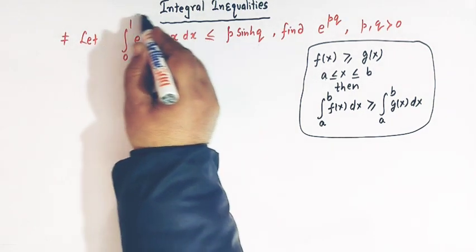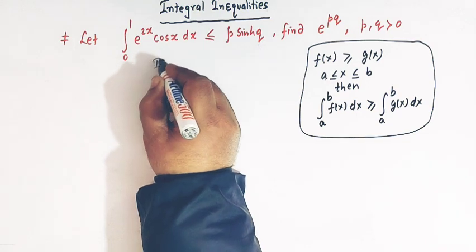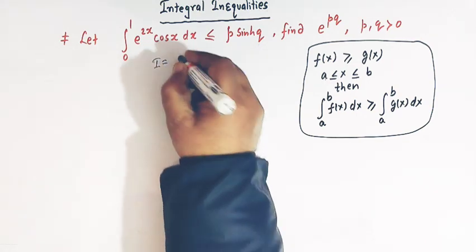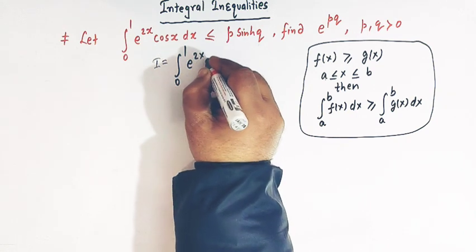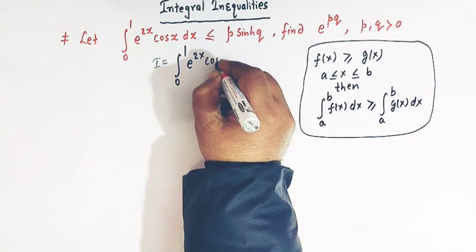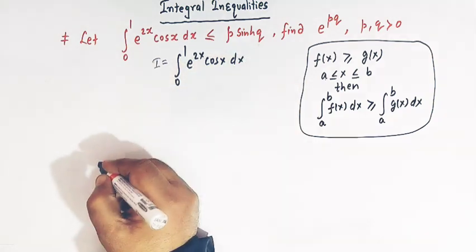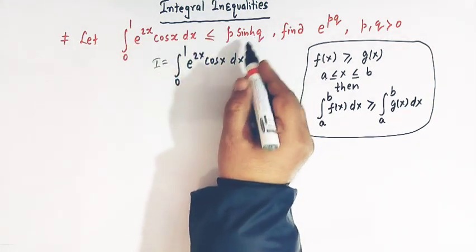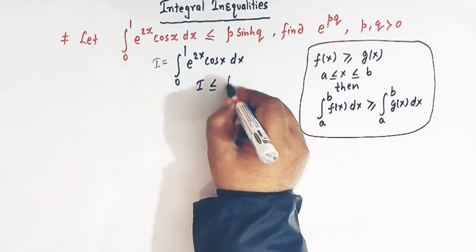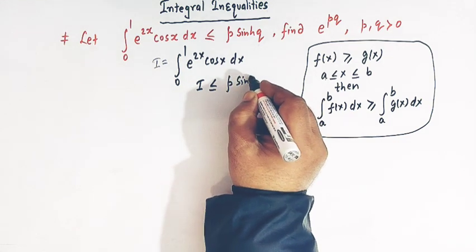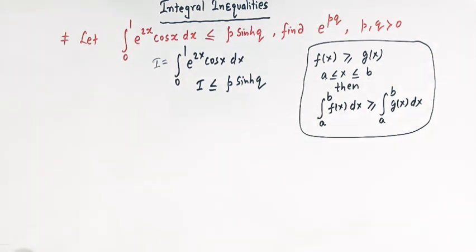So let us take this integral as I. Here I is equal to the integral from 0 to 1 of e raised to 2x times cosine of x dx. Now this inequality reads as I less than or equal to p times the hyperbolic sine of q.